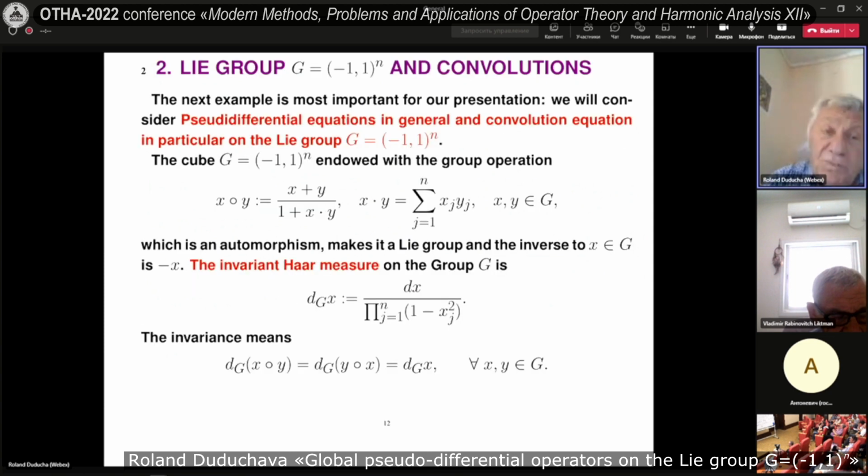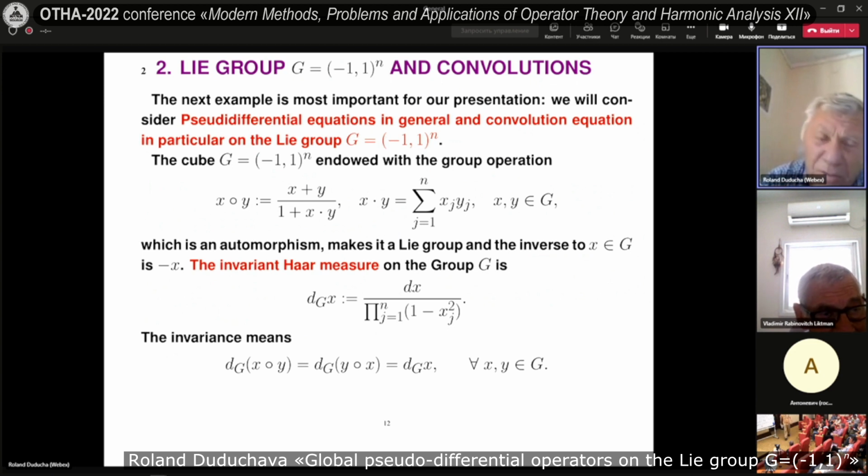And now the most important example for us, that's the group, the unit ball, in power n. Let me remind you here again what the group operation is. The group operation brings x and y to x plus y divided by 1 plus the scalar product of x with y.